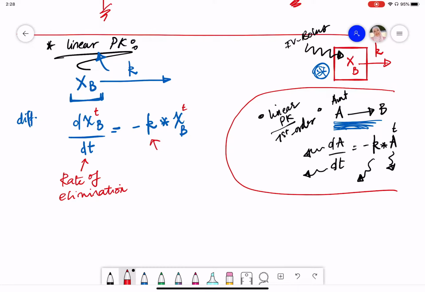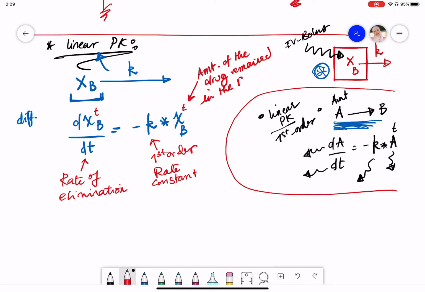This is the first order rate constant, and this is the amount of the drug in the body, or remaining in the body, at time t, which is the time that we are talking about.